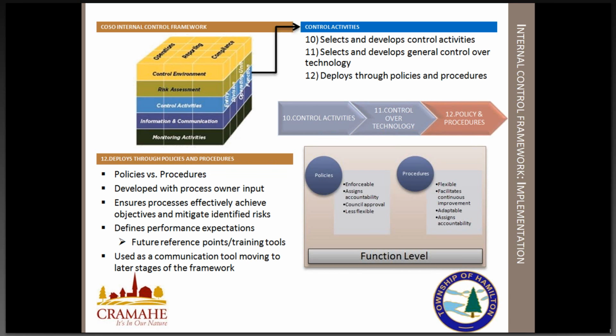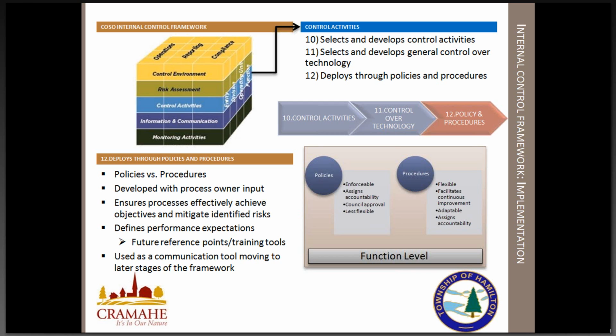So provided that the appropriate control activities have been identified and it's technologically feasible to implement them, some documentation needs to be created for operational guidance and to deploy controls through policy and procedural documents.